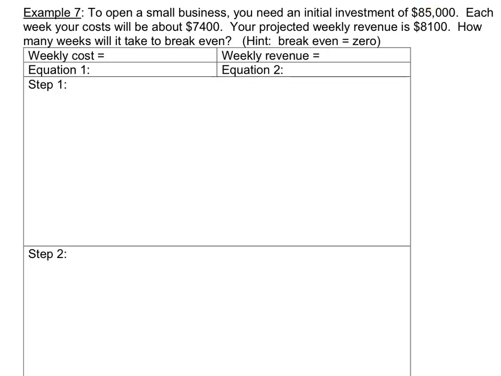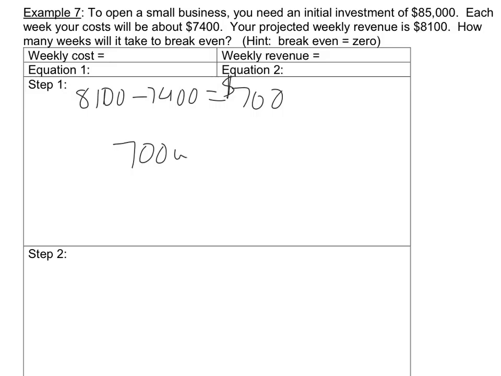So if you think about weeks here, we are profiting $8,100 minus the $7,400. So you're making $700 a week. Okay, well we need $700 times the number of weeks to equal, well, they want you to break even. So what was the initial investment? $85,000.